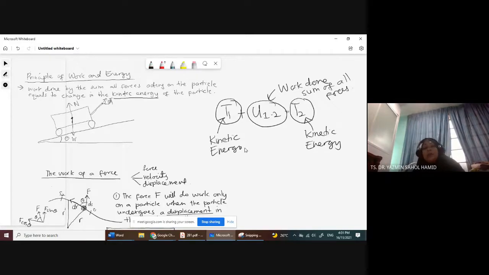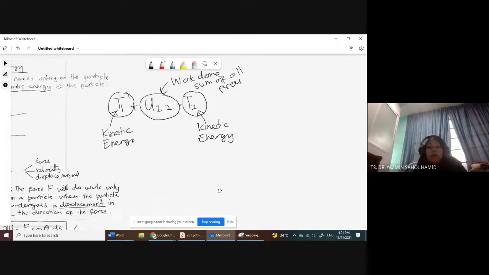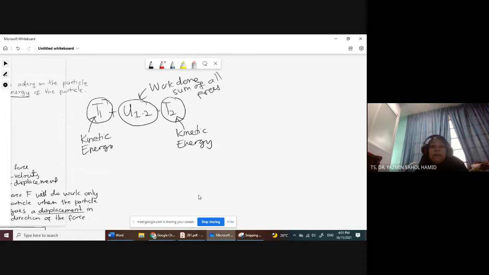energy. Okay, so basically if you want to solve a problem related to work and energy, the first step is you need to write down this formula. And then what is kinetic energy? Kinetic energy equals T1, and it also equals T2. The formula is 1 over 2 mv squared. For T1, it will be 1 over 2 mv squared with the initial velocity.